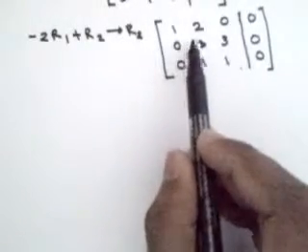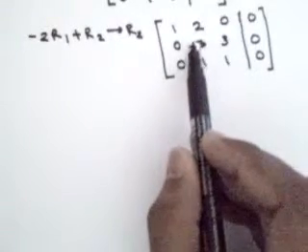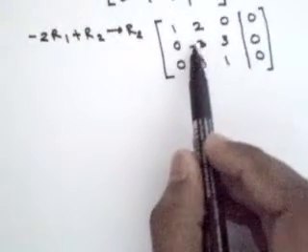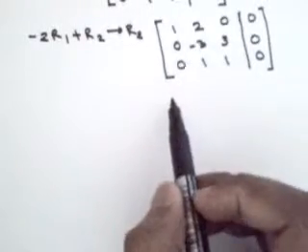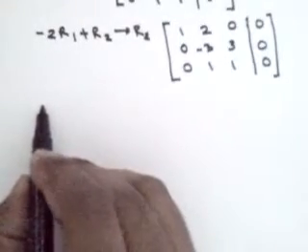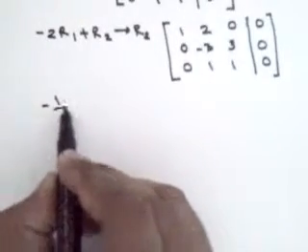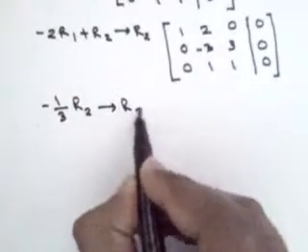Then we'll go to the second column and we have to make the second element of the second row the leading one. So how can we do that? We have to multiply it by -1 divided by 3 R2, and R2 will go to R2.